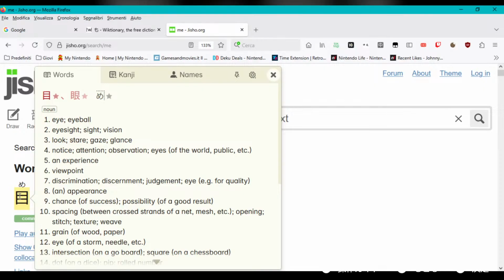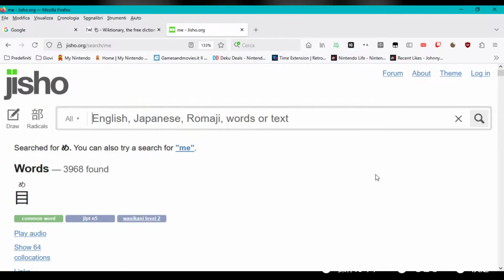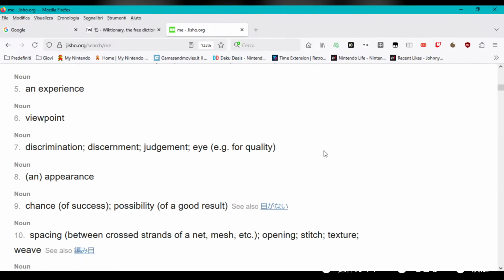It's the word for eye, more generic. And also, of course, extended meanings like eyesight, sight, vision. We have seen with Mimi. But yes, the fundamental meaning is I, me.